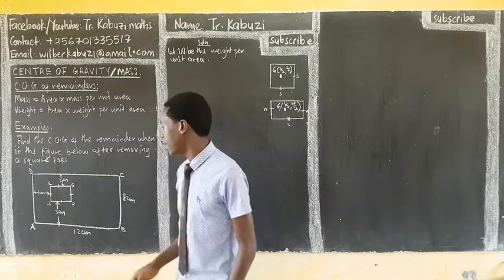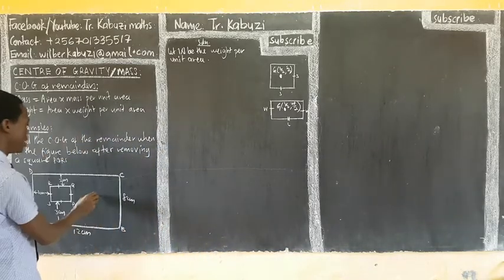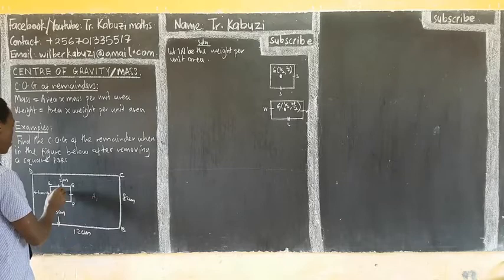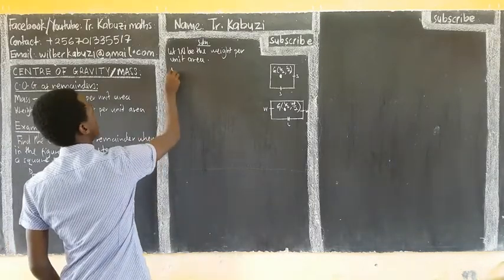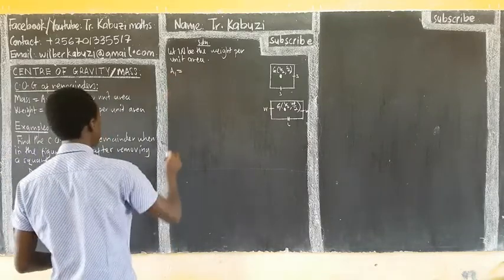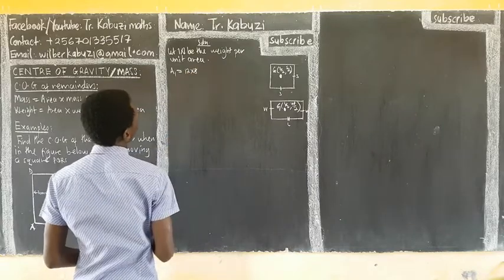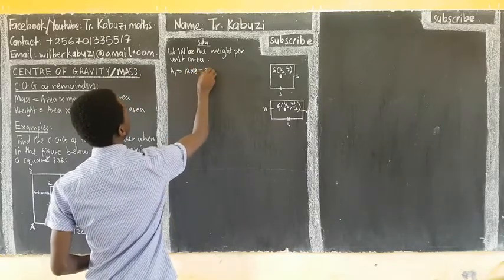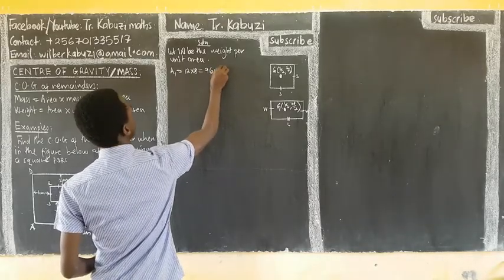Now, we first get the area. I'm going to call the area of the big one A1, and this one A2. My A1 is length times width, because it's a rectangle, so it is 12 times 8, and that's 96 centimeters squared.